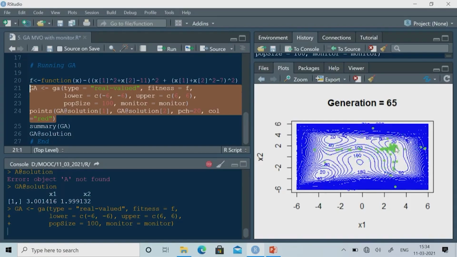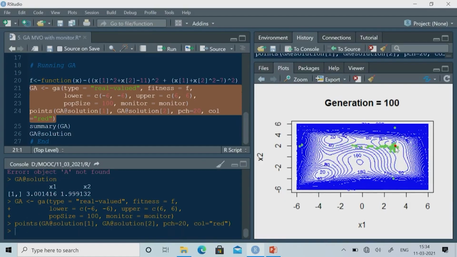These are all alternate optimal solutions. Therefore, GA will give one of them. In this case also, we will get the solution at the first quadrant. Yeah. So, you can see that we got the solution at the first quadrant itself.